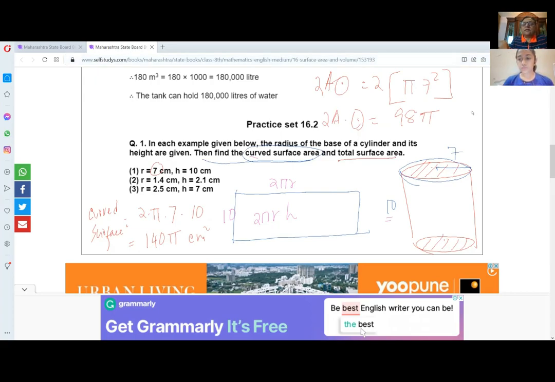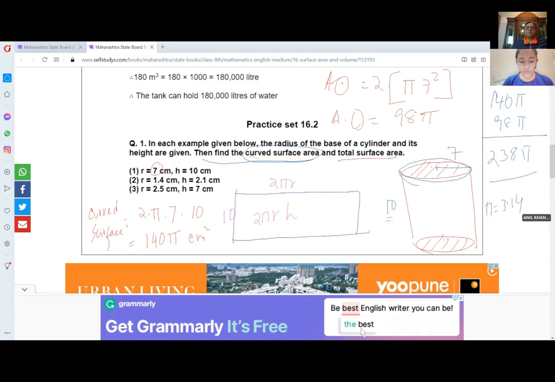So total surface area will be 140 pi and 98 pi, that is 238 pi.